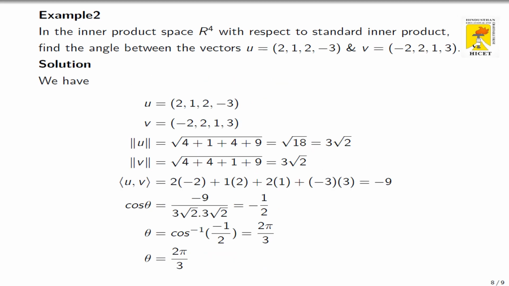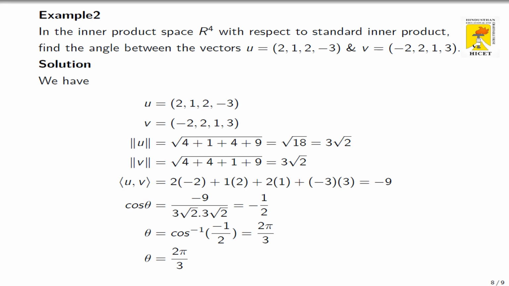Next, example 2. In the inner product space R power 4 with respect to the standard inner product, find the angle between the vectors u is equal to (2, 1, 2, -3) and v is equal to (-2, 2, 1, 3). Here u and v values are already given. Next we need to find the inner product of u comma v, and norm u and norm v.